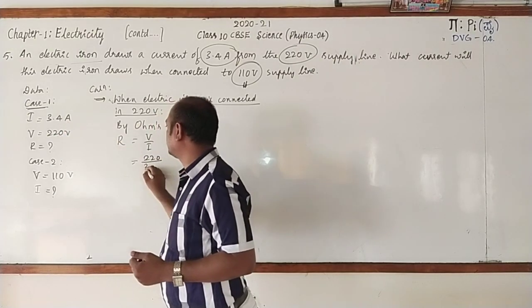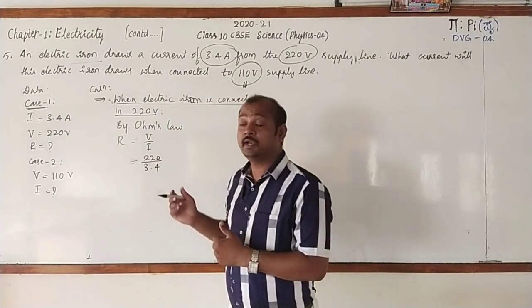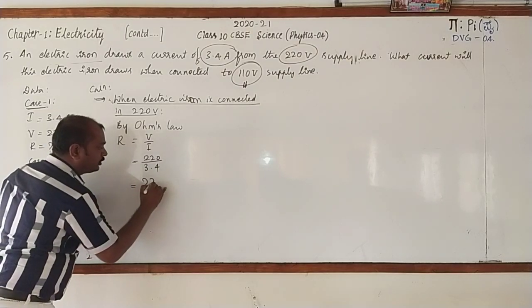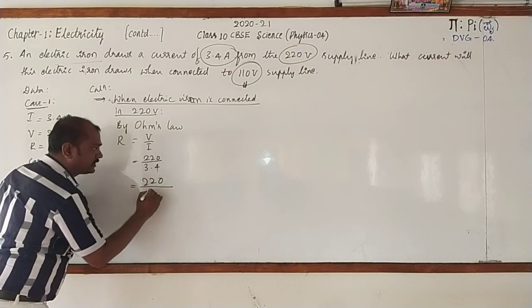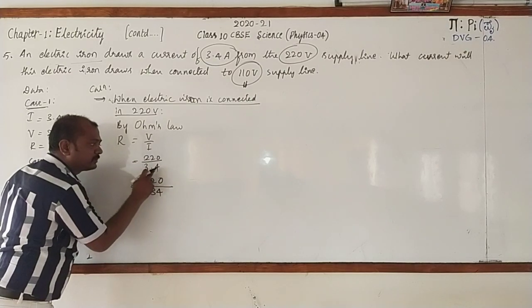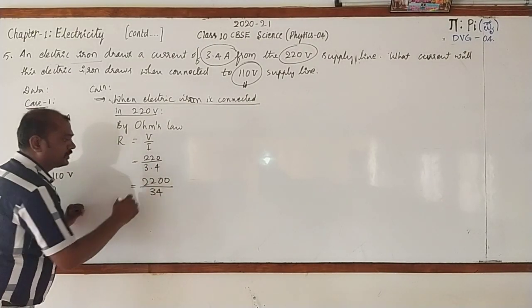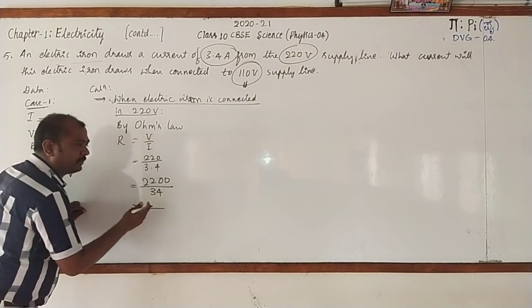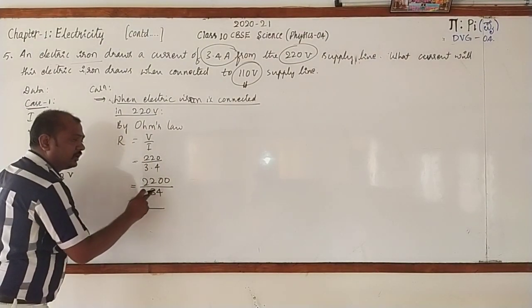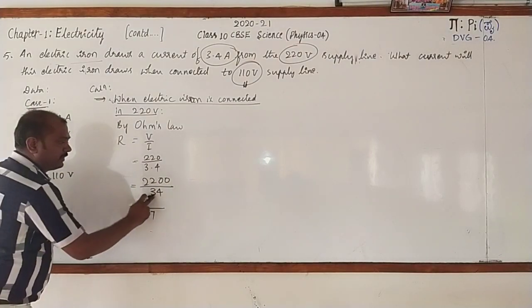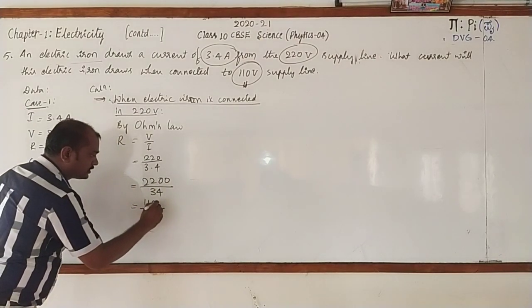Current is 3.4. Let's go for dividing. It is 220 divided by 3.4. Write it as 34. After the decimal, 1 digit, in the numerator you can take 1 0. Then start dividing. Both are even numbers. You can divide it by how much? 2s are 2, 17s are 2. 1s are 1s, 0s are 0s.